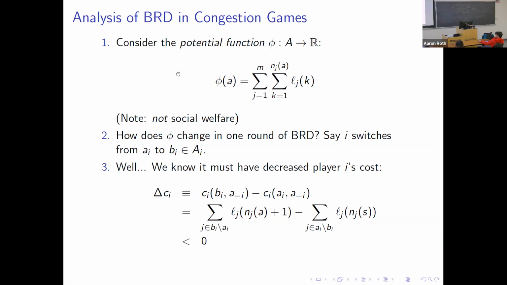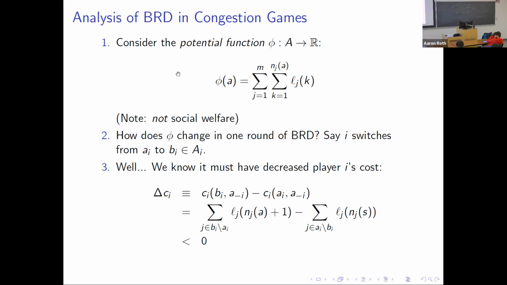It's that plus one, because now I'm there, right? I've increased the load on those facilities by 1, so that my cost has gone up on the one hand by the cost of all of the facilities that I've moved on to, where the number of people playing on those facilities is now 1 more than it was before. But on the other hand, it's gone down by the cost of all of the facilities that I was previously playing on and experiencing the congestion of that I no longer am.